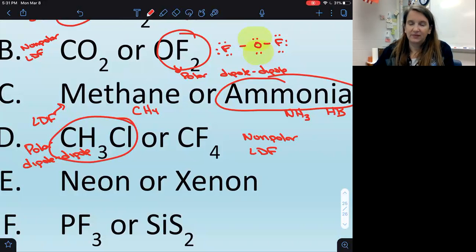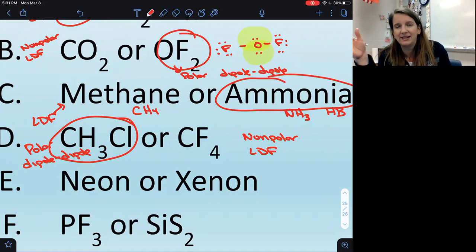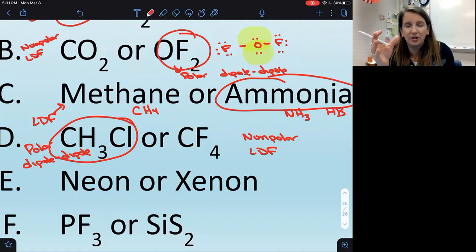Neon or xenon? Now, you might again be thinking to yourself, Miss Welch, this is just one thing. It's just one atom. It's just neon. It's just xenon. How can it have intermolecular forces? Well, if those atoms get close enough together, they can form an attractive force with another neon atom or another xenon atom. So remember, these would both be experiencing just the London dispersion forces because it would be a temporary attraction with another neon atom or another xenon atom.